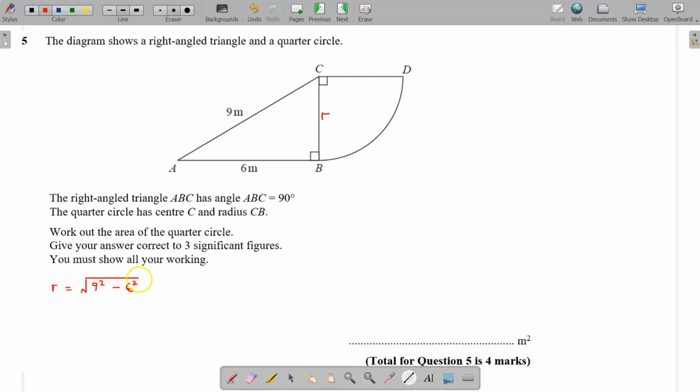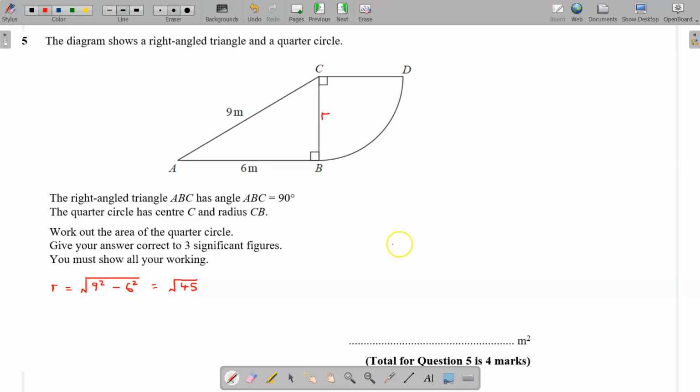If you work that out, you've got the square root of 81 minus 36, which is the square root of 45. Now don't work out what it actually is as a decimal, because then we're rounding, we're introducing errors.